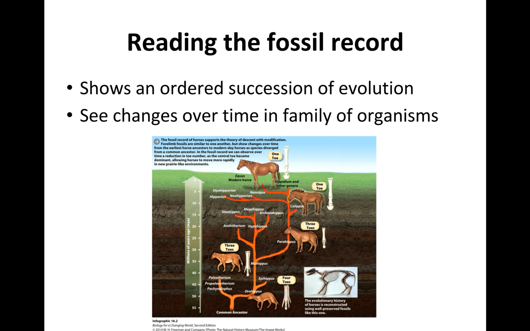Again, the idea of descent with modification, where you can see changes over time which originated from a common ancestor. This down here shows the family tree of horses, not a family tree, but lines of descendants of fossilized ancient horses, if you will. And it just shows a pattern of how these things have evolved over the course of time.